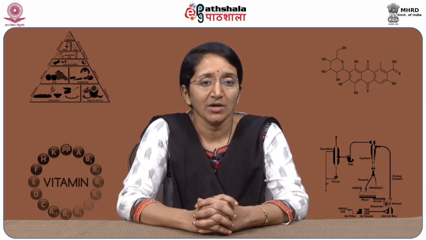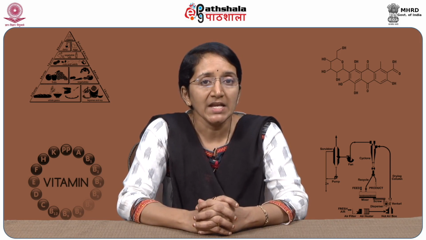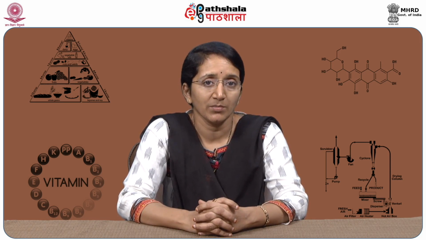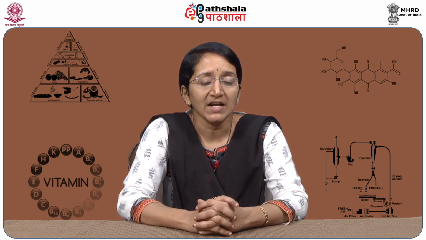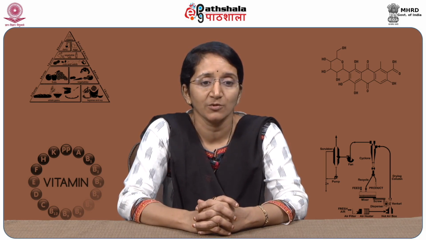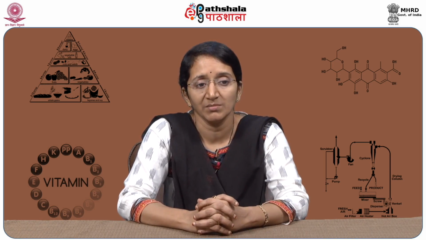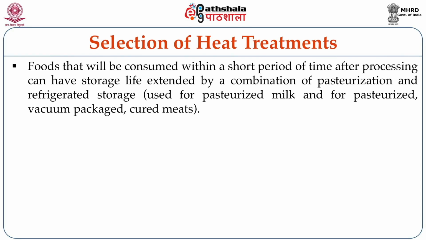After understanding the objective, purpose, any additional preservative steps required, the physical and chemical properties of the food and the kind of heat resistance in the microorganisms present in the food, we have to proceed with selection of the type and application of heat preservation method. Let us try to understand this by some examples.